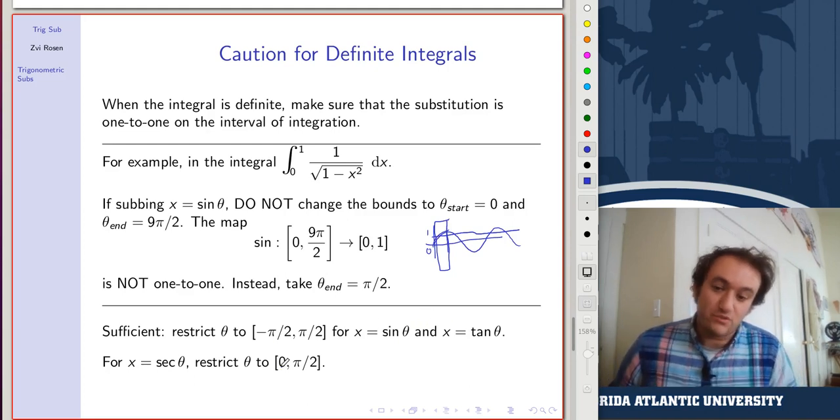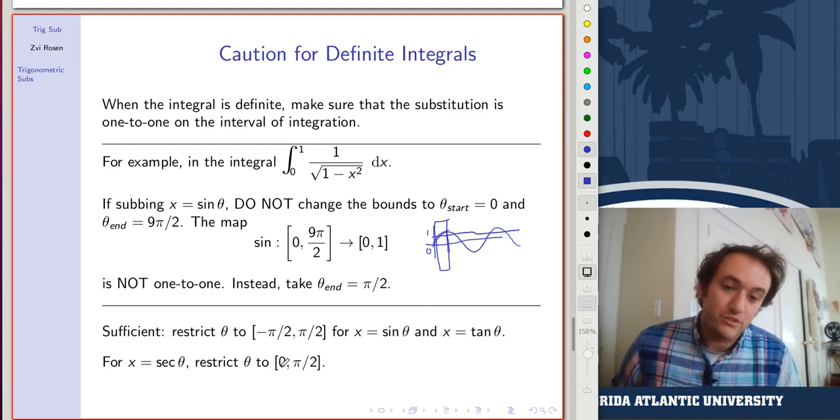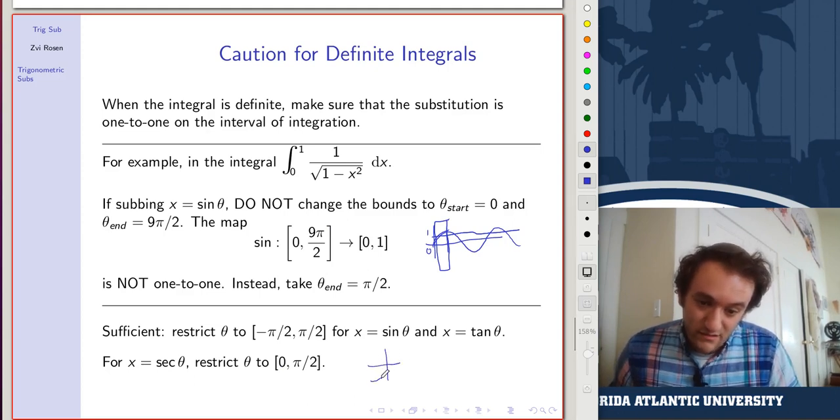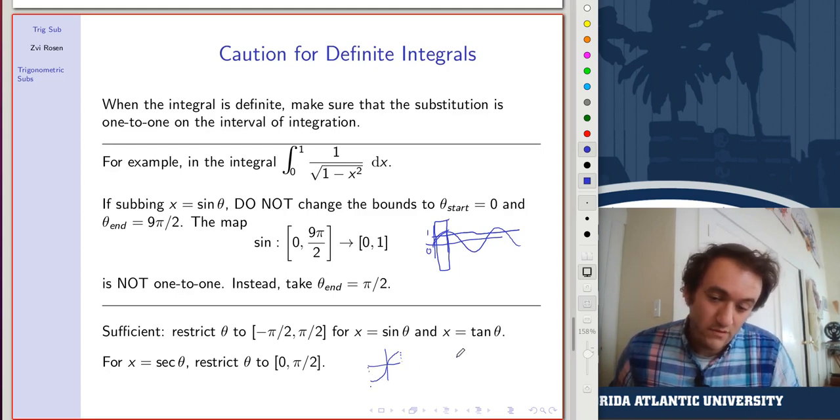In general, it's sufficient to restrict theta to the interval minus pi over 2 to pi over 2 for x equals sine theta and x equals tan theta. Thinking about their graphs, sine theta looks like this between minus pi over 2 and pi over 2. And tan theta looks like this. There are vertical asymptotes at minus pi over 2 and pi over 2.